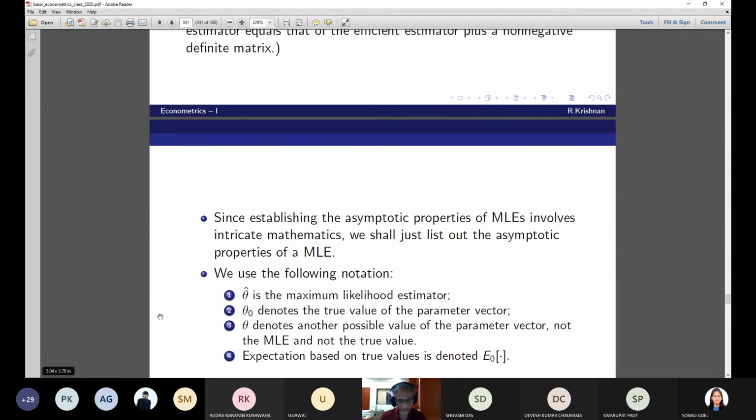For example, theta hat as a maximum likelihood estimator is the generic notation. When I talk about normal distribution, it will be a vector, mu and sigma square, which I may call beta. So the theta here becomes beta there. When it comes to Bernoulli random variables, it will be just P. So it is going to vary like this. The general discussion will be on theta. The particular example will use the parameter vector that refers to the distribution I followed. So you have to do the mapping correctly.